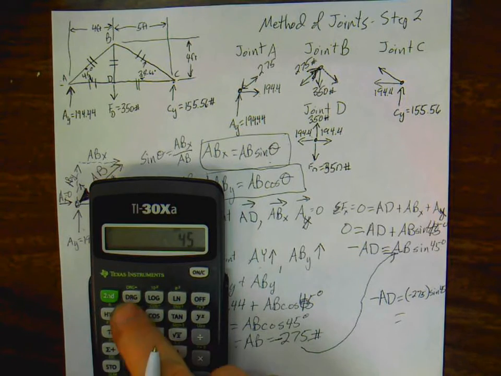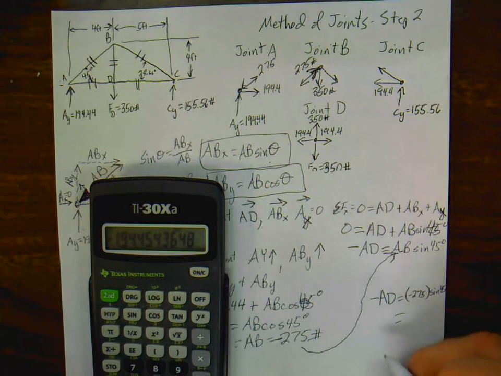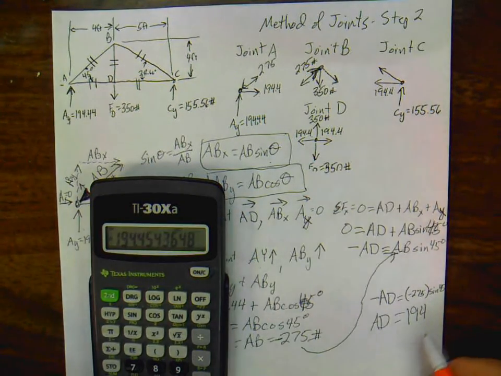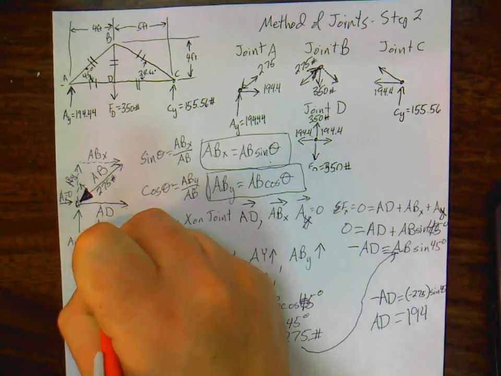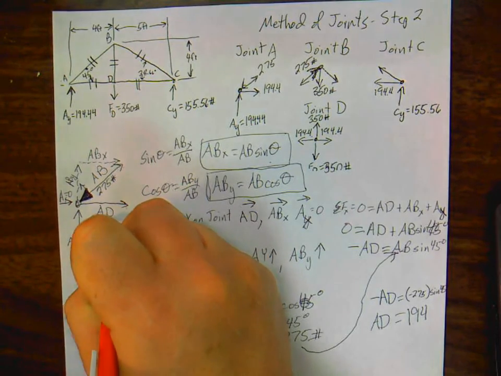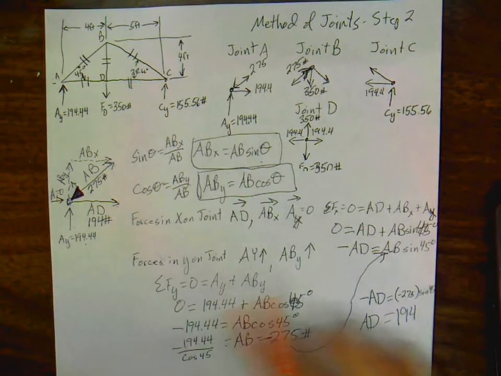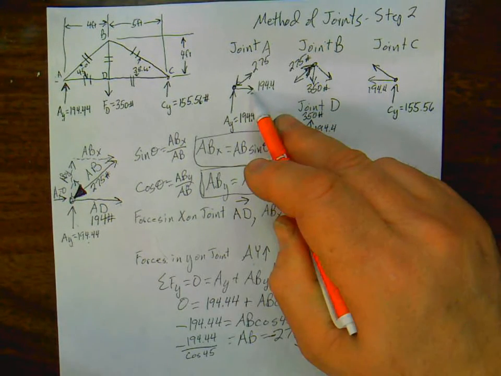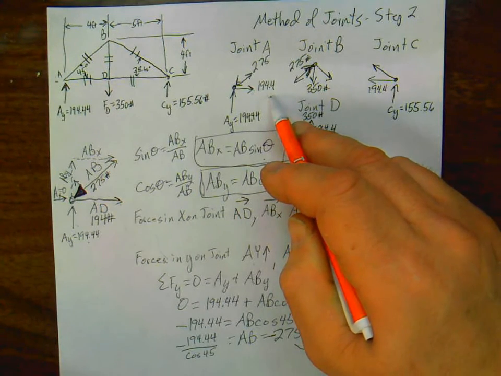So AD here, again, replace that. It is being pulled, that is in tension, so this is 194 pounds. Now, notice we have joint A, and we've just figured out it's got 194.4 pounds acting on it and 275 pounds on AB. So take a look, and we'll decide which of these to do next, and we will work on joint C going forward.